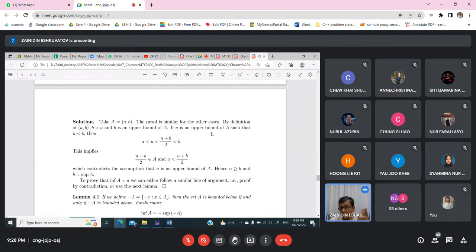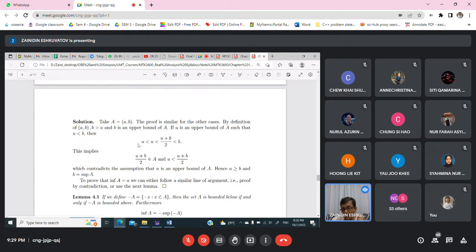If u is another upper bound of A such that u is less than b, then definitely u is greater than a because it lies in this interval. But here is an interesting point. Any u in this interval is less than (u plus b) over 2.